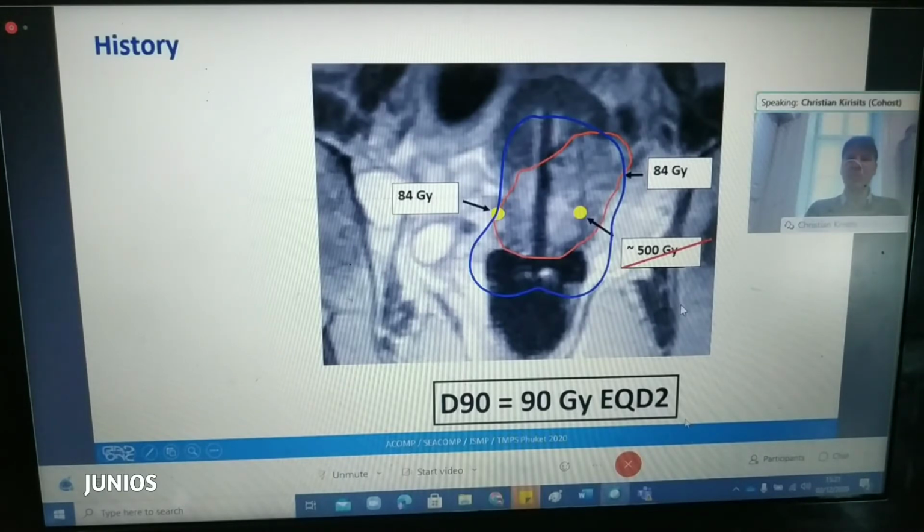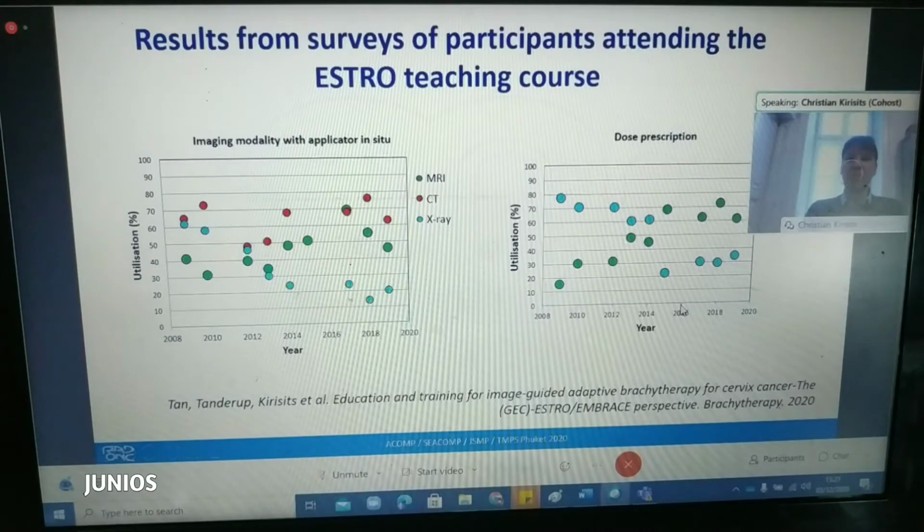This diagram comes from my colleague Li Titan from Cambridge University. She is teaching at the ESTRO teaching courses, and this is a survey which shows the amount of participants who are using X-rays and who are using CT and MRI.